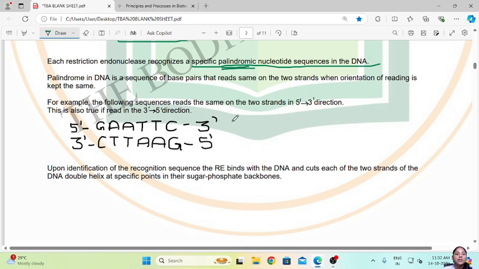So let us read. Now this is the first sequence. We will read from 5' to 3' direction.